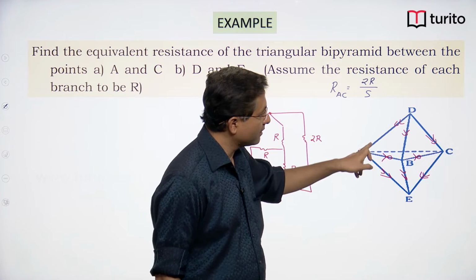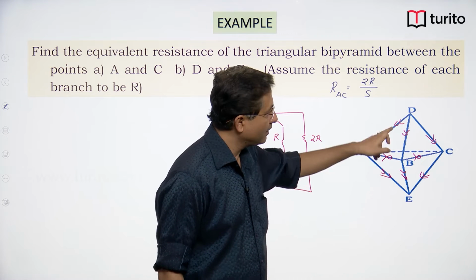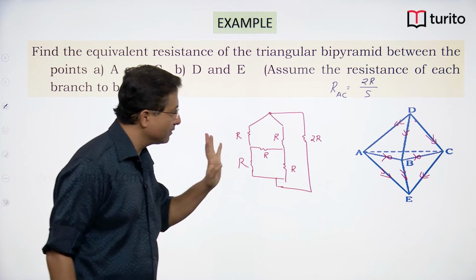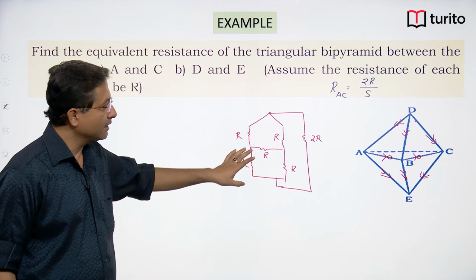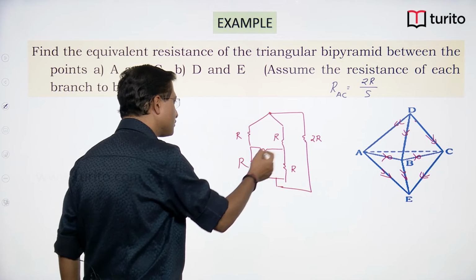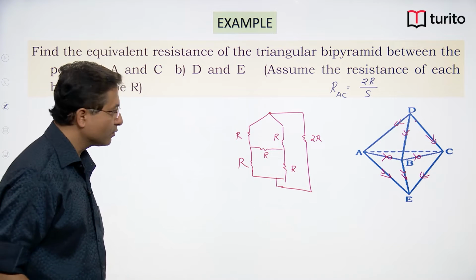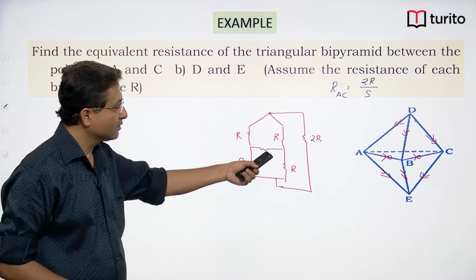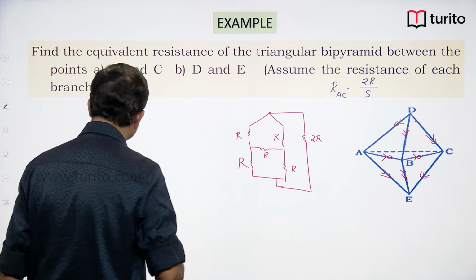This branch R, this branch R, and this R, they are connected by a single R. Here you can see a Wheatstone bridge, this one upon this one is equal to this one upon this one. So as the ratio here and the ratio here are matching, this is of no use.